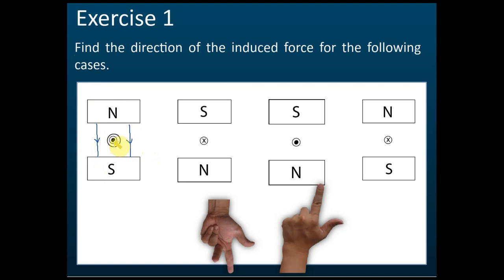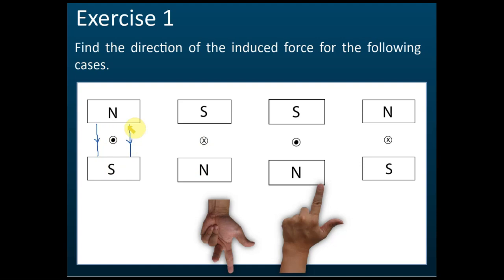If you see a dot, the current comes out of your monitor. If you see a cross, it goes inside. So in this one, the current comes out.